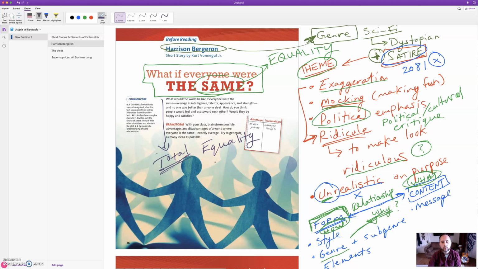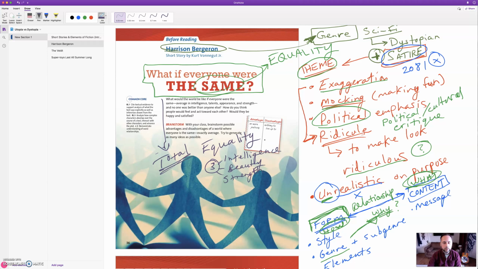Those are the three aspects that the government tries to make everyone equal. And supposedly everyone's going to be happy if in all of these three ways everyone was made equal.